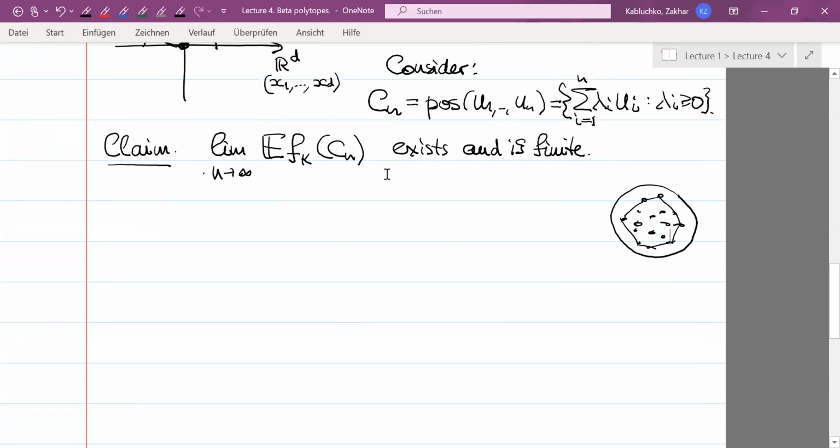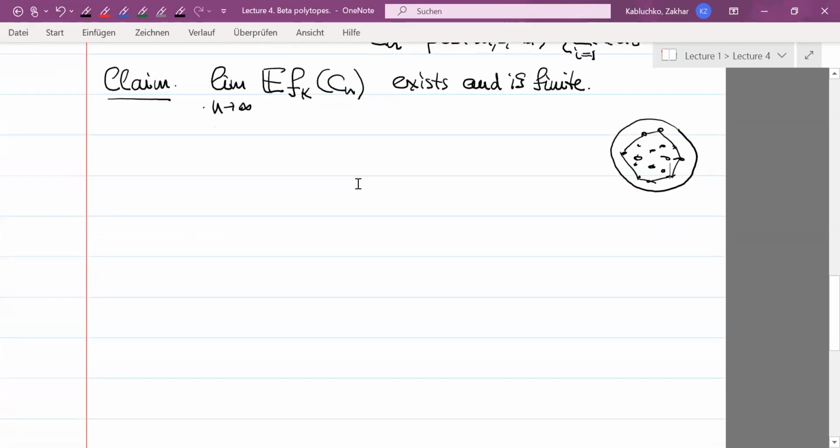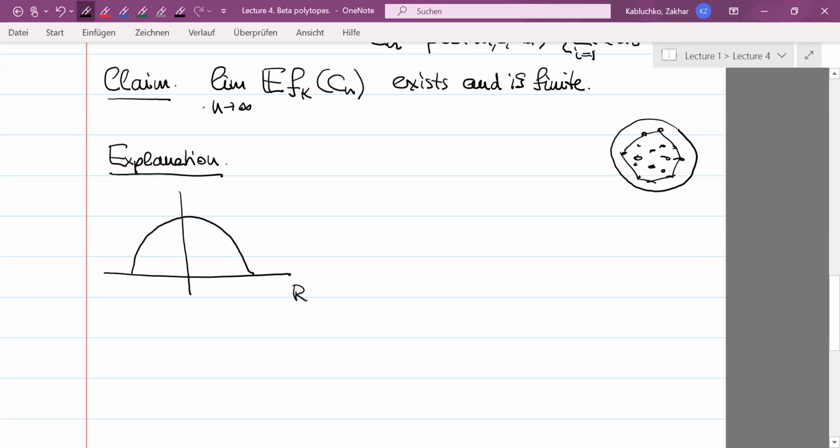And let us give an explanation why this is not the case. Let us draw a picture again. So here we have R^d. Here we have just one coordinate x_0. And then we do the following. We consider the tangent space to the sphere at the north pole.